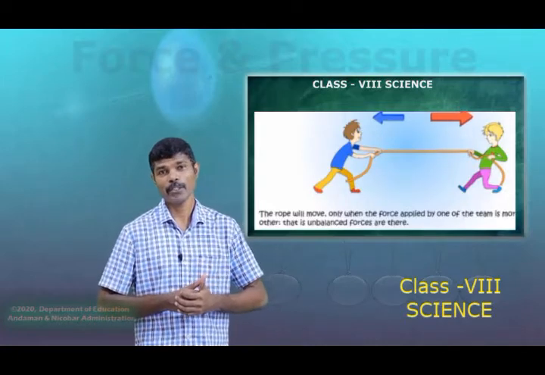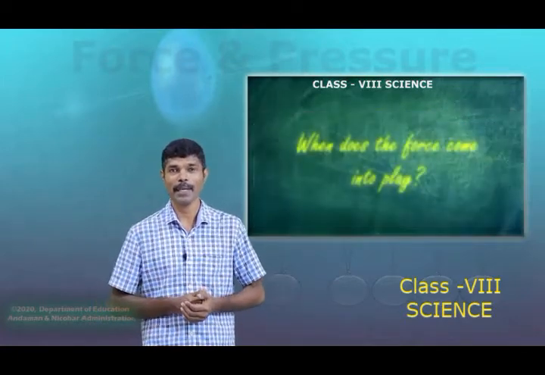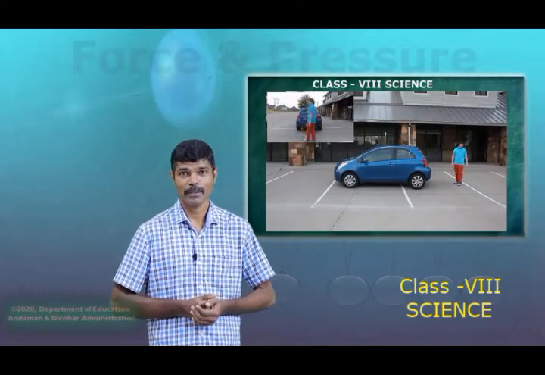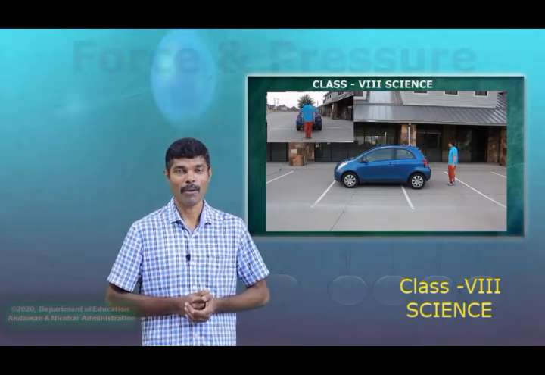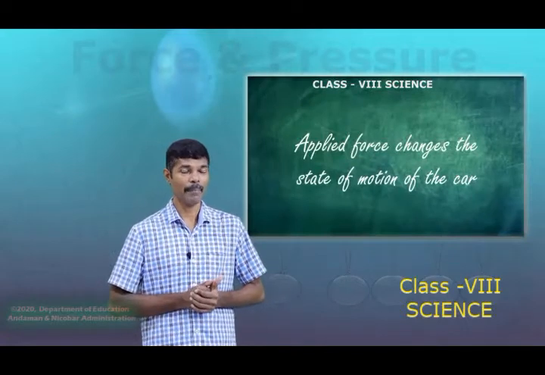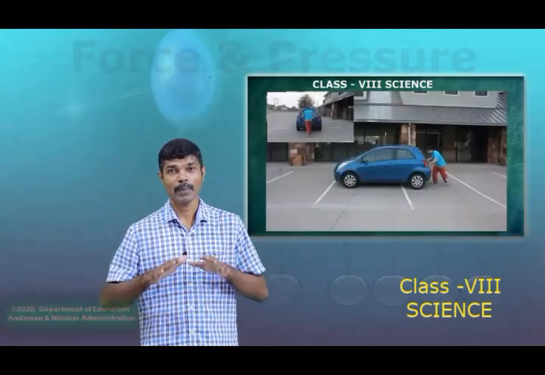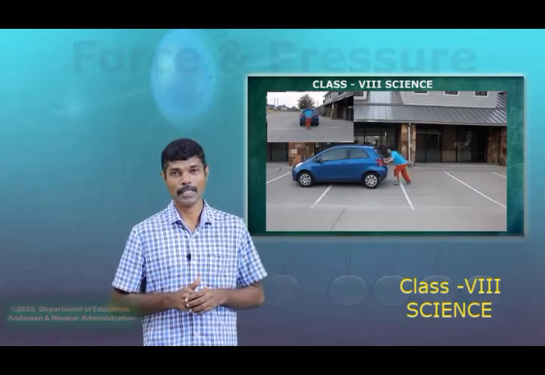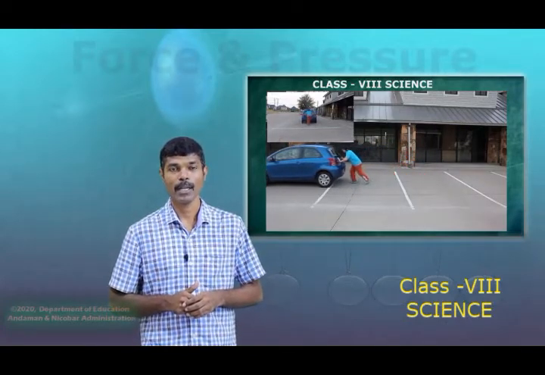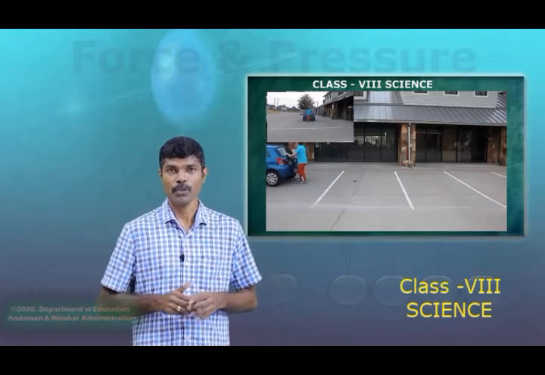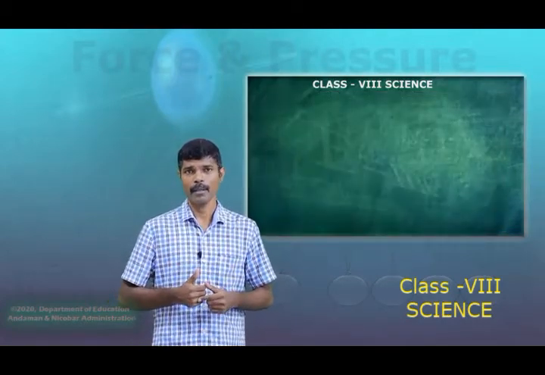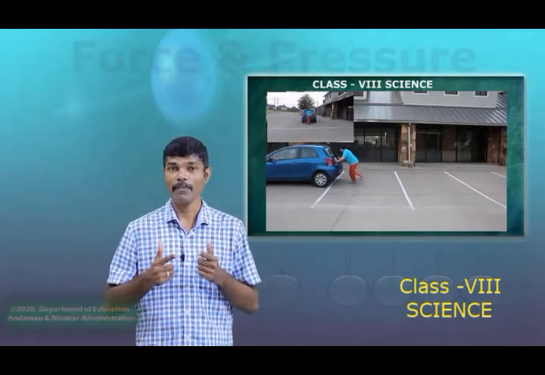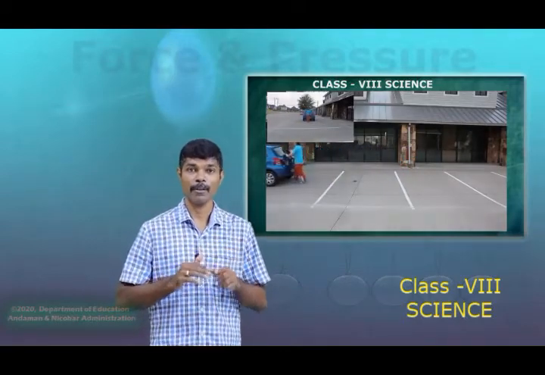In the picture you can see that a man is standing behind the car. Does the car start moving? No. Now see the second clip, where the person is applying force on the car. As a result, the car starts moving. So from this we can say that an object will start to move only when force is applied on it.